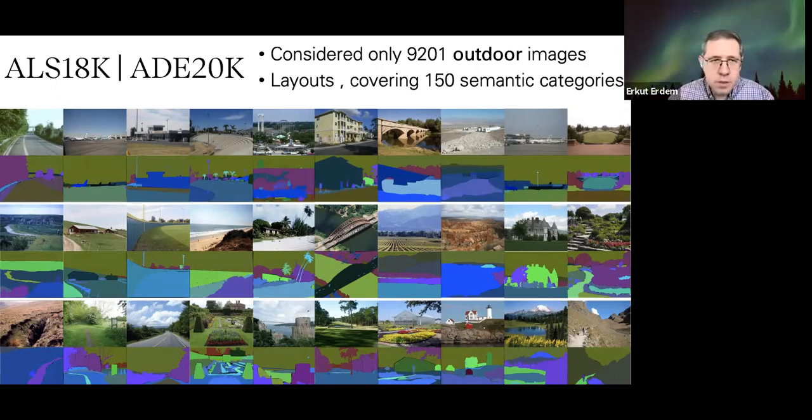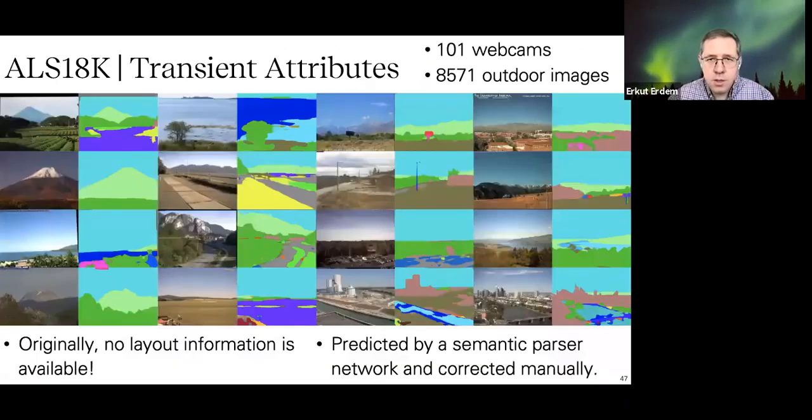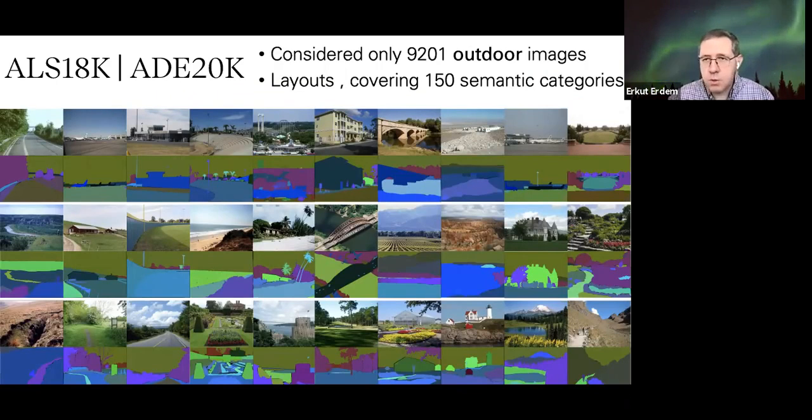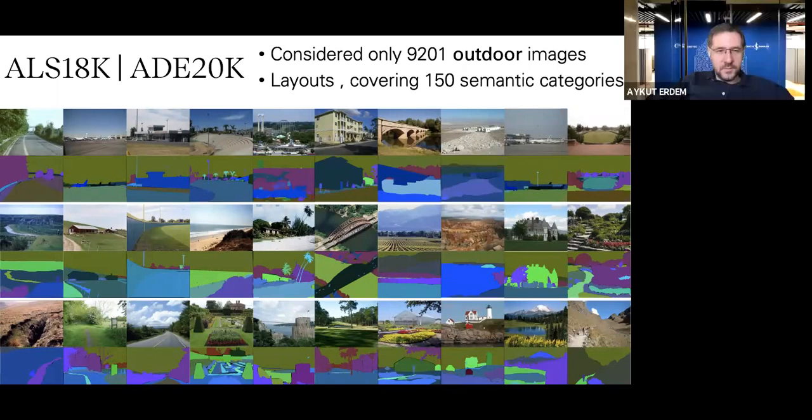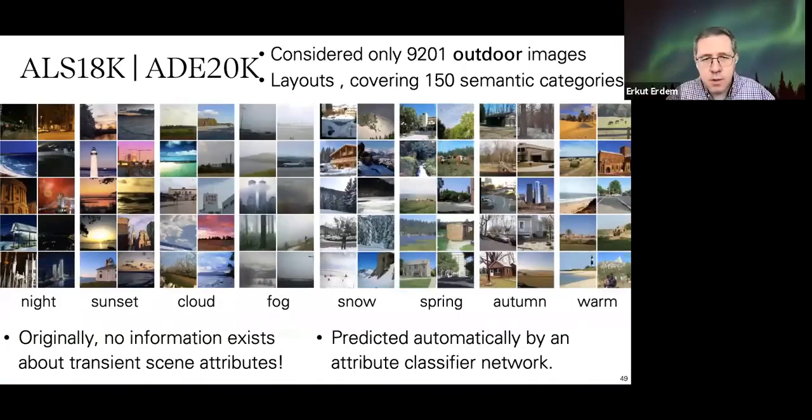If you compare these two datasets, you can easily say that ADE20K provides much more diversity in terms of the scene content. Again, the quality of the images is better than the previous dataset, which only considers webcams. But the drawback of this dataset is that it does not have any information regarding the transient scene attributes.